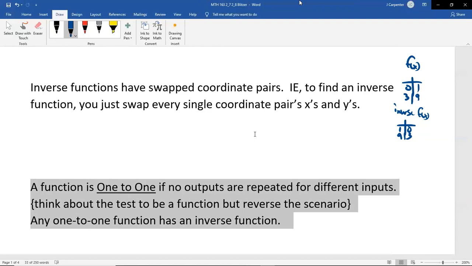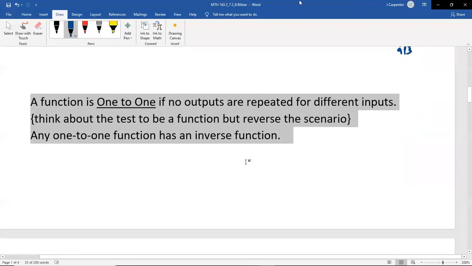This says repeated outputs cannot have different inputs. So again, it's kind of flipping the script on the function test. But anything that is one-to-one, anything that passes this, that repeated inputs don't have different outputs, repeated outputs don't have different inputs, so it's a two-way street now, that function would be invertible.